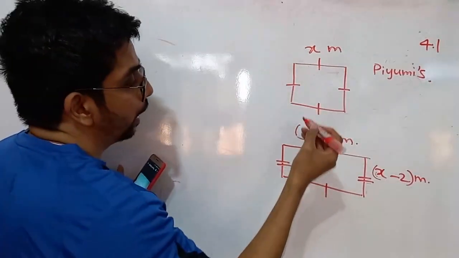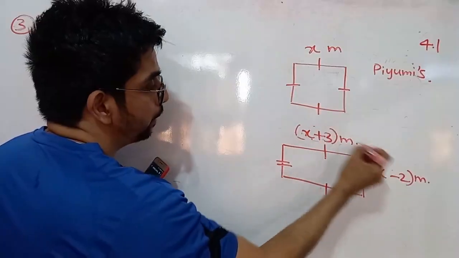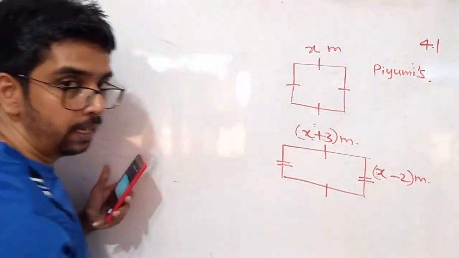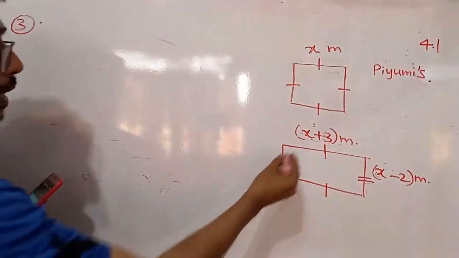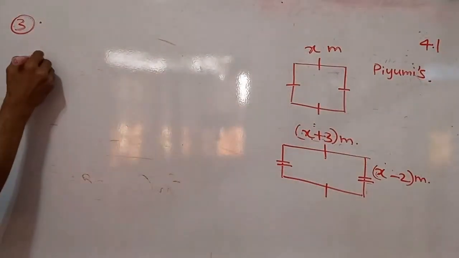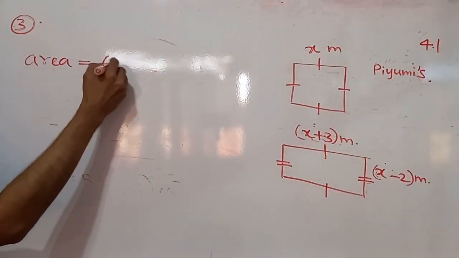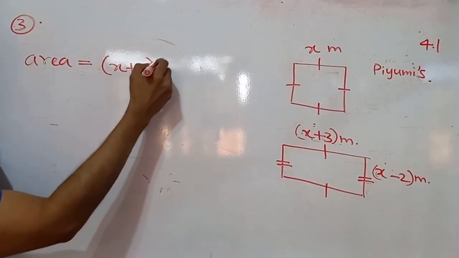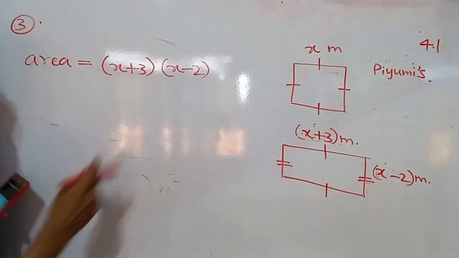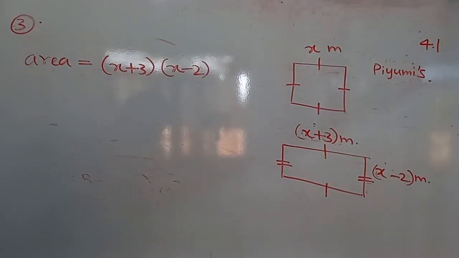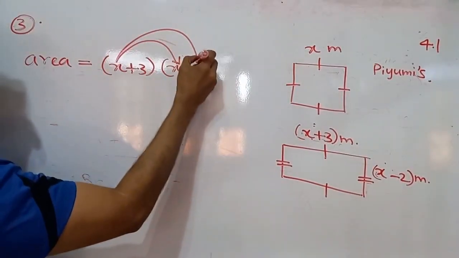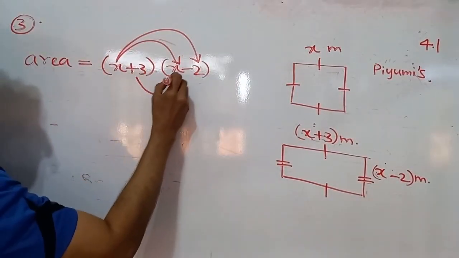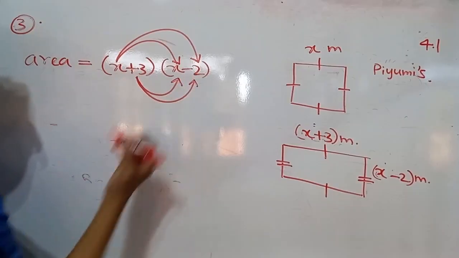So we have to take these two measurements, right? We have to find the area. So how do we find the area? Area is equal to, just as before, x plus 3 into x minus 2. So here, x into x, x into negative 2, plus 3 into x, plus 3 into negative 2.